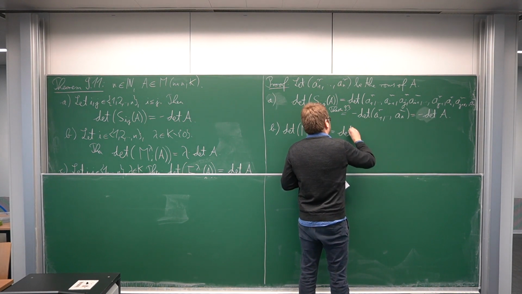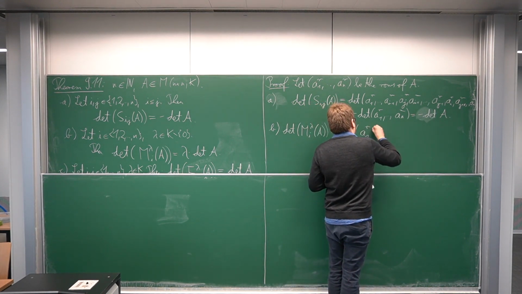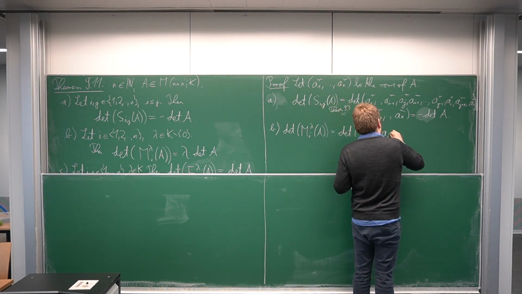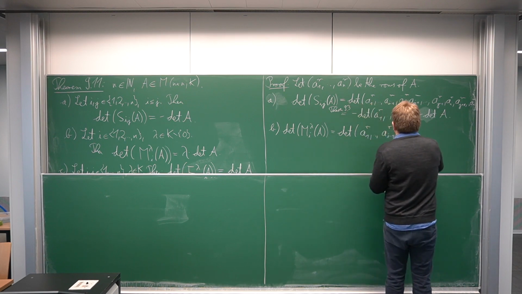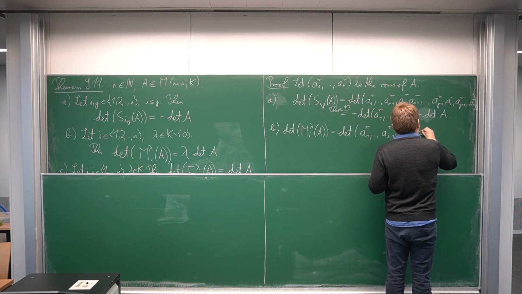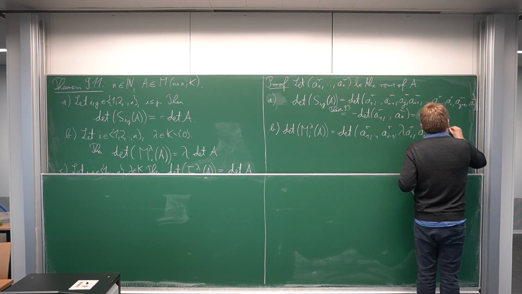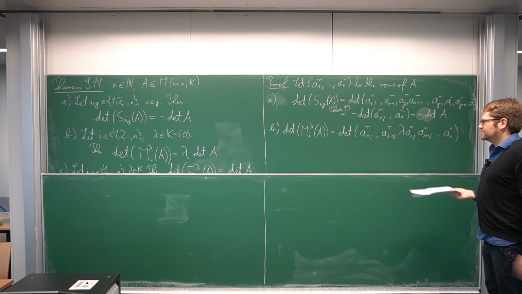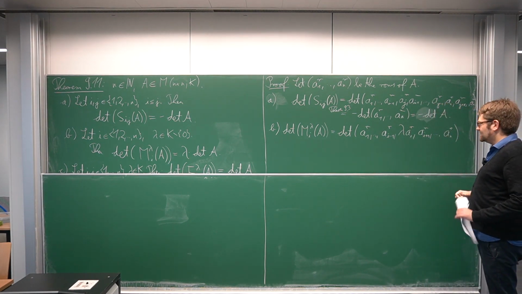this is the determinant of A1R to AI minus 1R. Then we have lambda times AIR, and then AI plus 1R to ANR. That's precisely what the multiplication by lambda was meant to do.